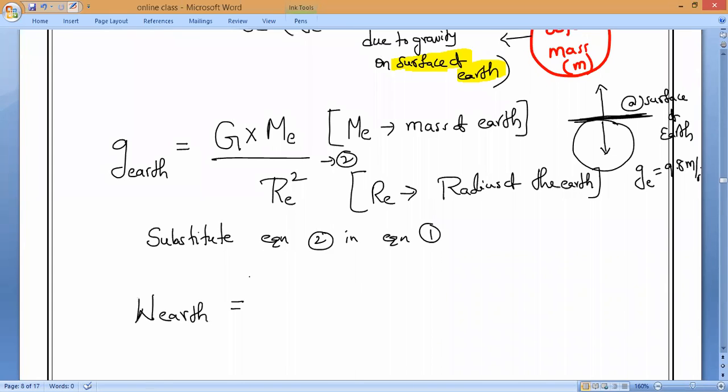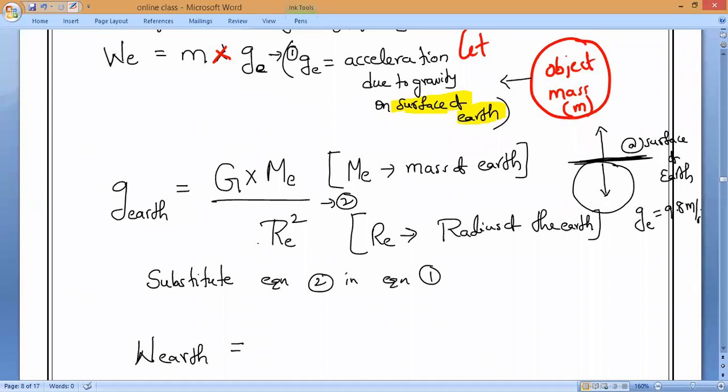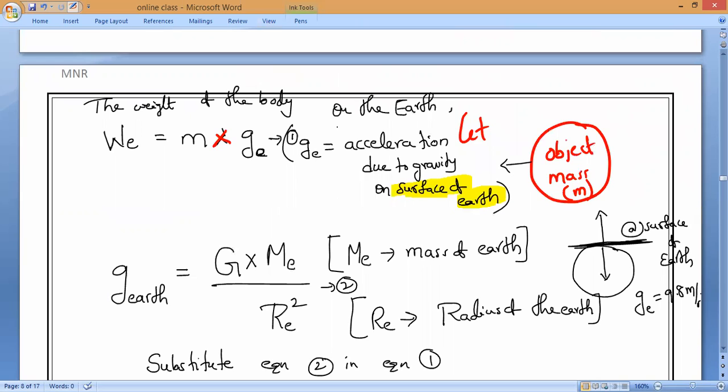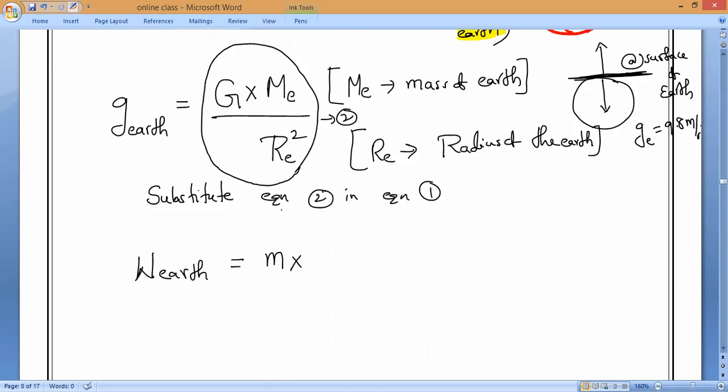Weight on earth is equal to small m into, in place of g, I can write G into ME divided by radius of earth whole square.